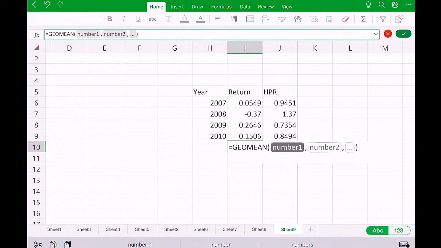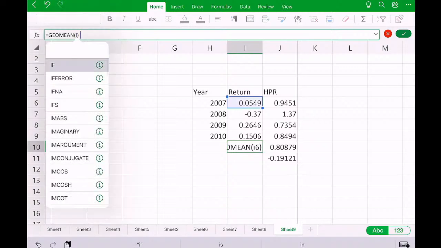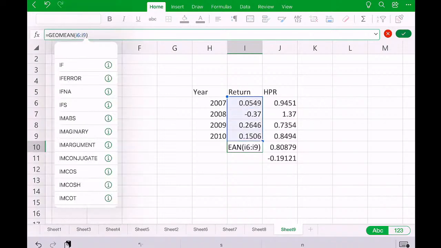And then I want to get the numbers from I6 to I9.